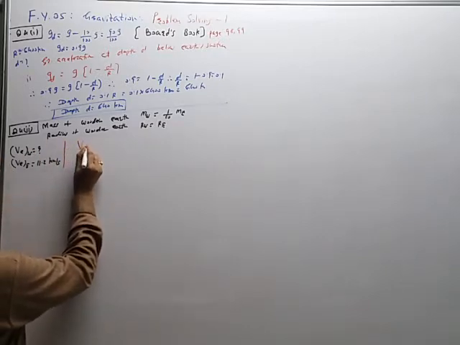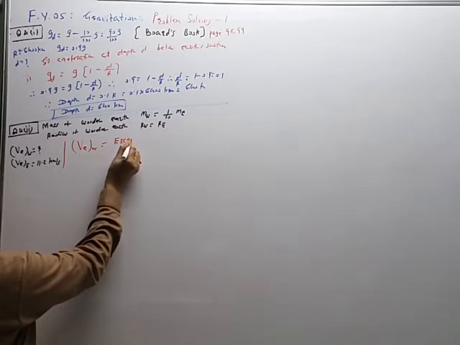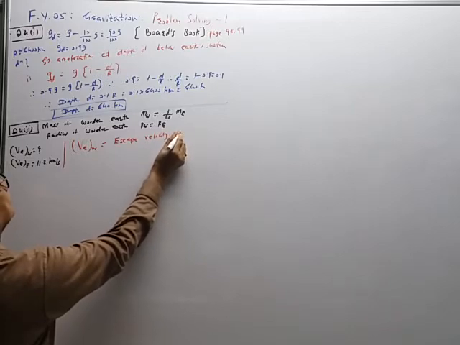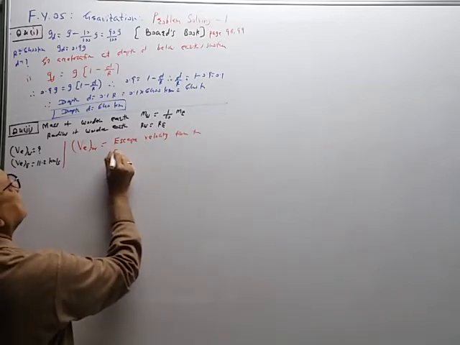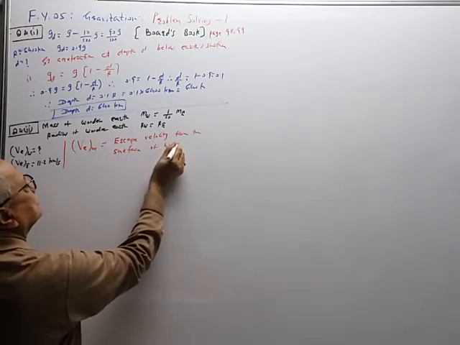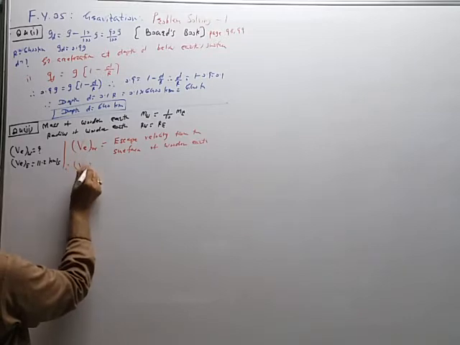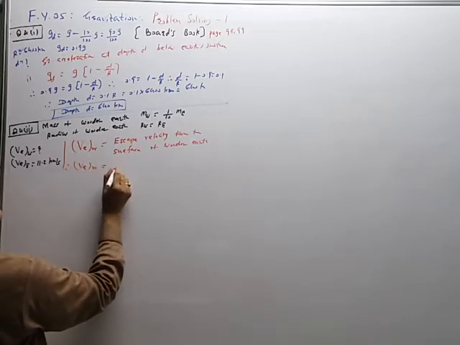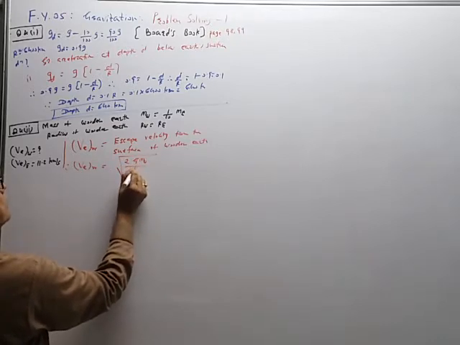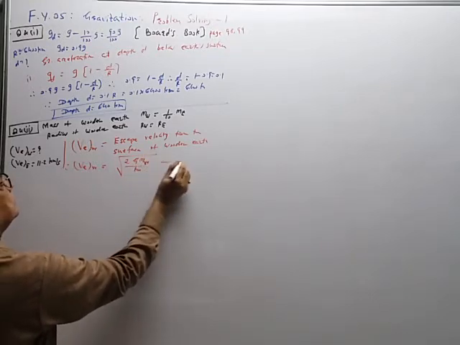V_EW, escape velocity from the surface of wooden earth, and therefore V_EW is equal to under root 2 times G M_W upon R_W. This is equation 1.